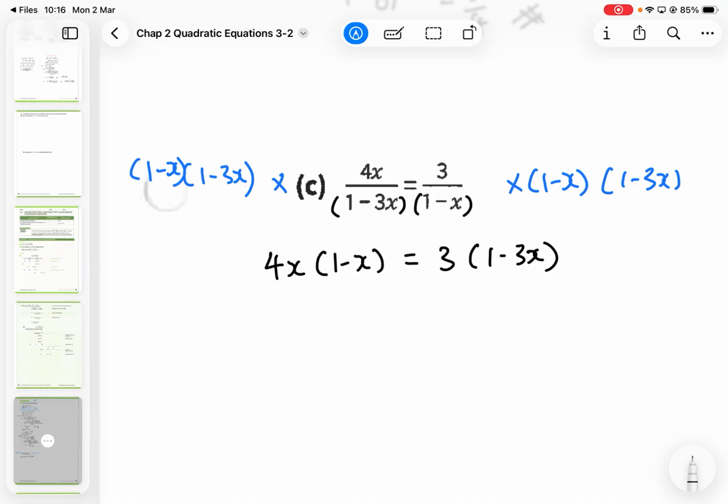Okay? Then after that, identify your A, identify your B, identify your C. And then apply quadratic formula.